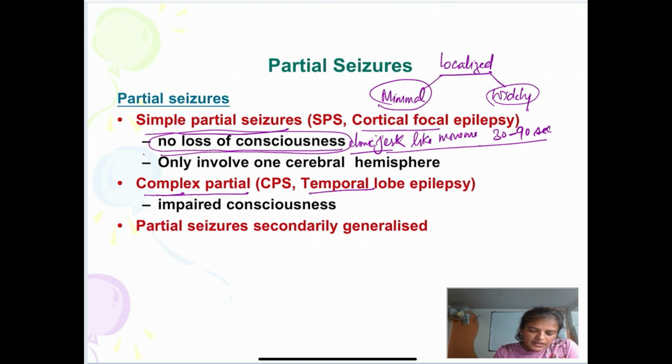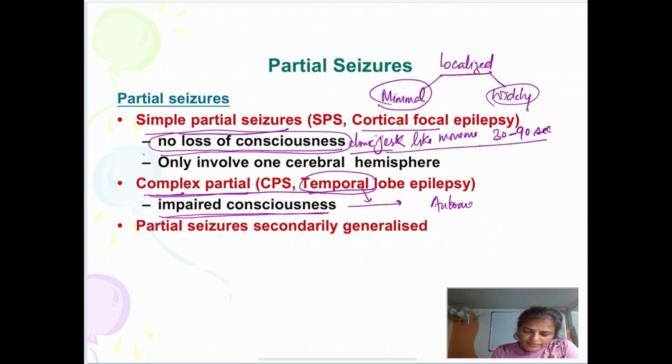Then the second one is complex partial seizure, where it starts from there and is widely spread. Here the consciousness is impaired, there may be loss of consciousness, and the patient won't be able to recall. In complex partial seizure, there are integrated movements like automatism that can be seen.